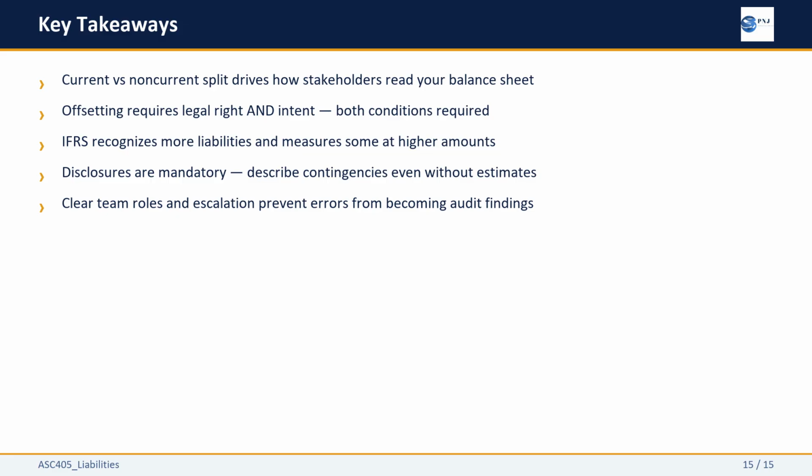Your footnotes must tell the full story. Even contingencies you cannot estimate must be described. And disciplined team controls with clear escalation at team member, team lead, and manager levels are what prevent errors from becoming findings. Thank you for completing this section on presentation, disclosures, IFRS comparison, and controls.